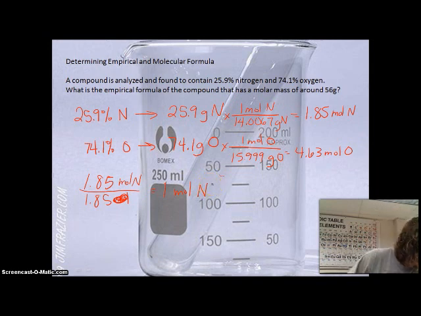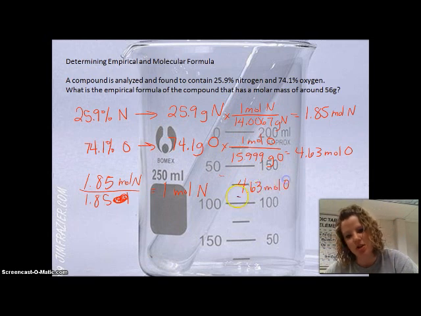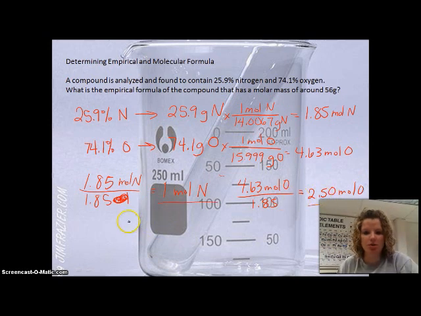Okay. And the second one, we'll do the same thing. We'll do 4.63 moles of oxygen over the 1.85. And this is going to give us 2.50 moles of oxygen.